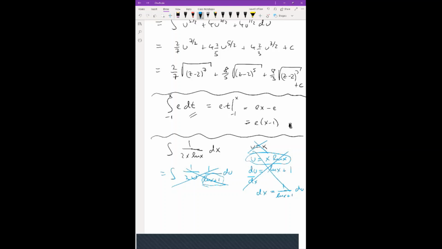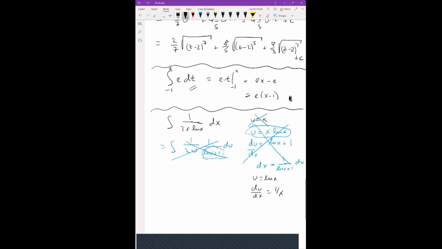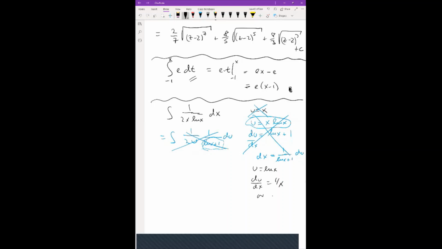So the only other choice, by exclusion, is you take u equal to the logarithm of x, then du dx is 1 over x, or du is 1 over x dx, and if you plug this in, then you have the integral of 1/2, so that's the 1/2 here.